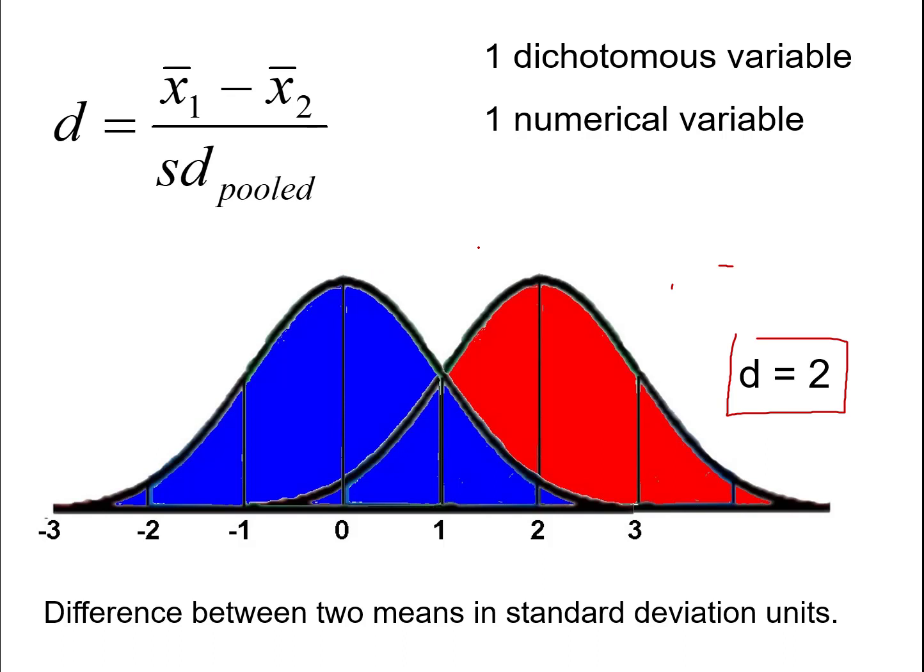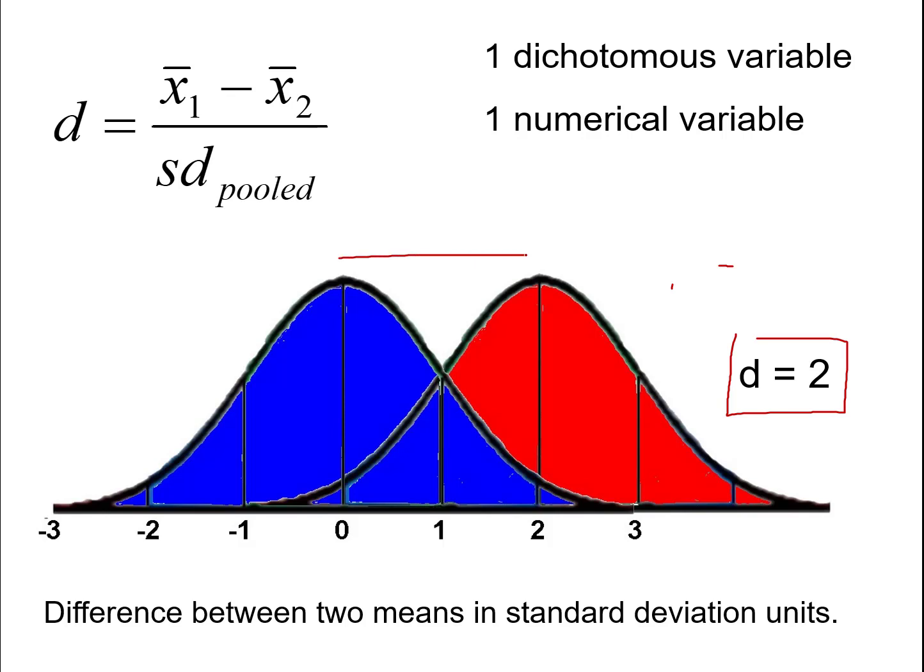There's 2 standard deviations of difference between these 2 groups. Would you be excited about this result, or would you be disappointed? Would you say, wow, this is incredible, fantastic, this is amazing, if I knew someone who was depressed, or if I was depressed, or if I had a family member who was depressed, this is the treatment I would want to use. This is an incredible, fantastic treatment. Look at how big this effect size is.